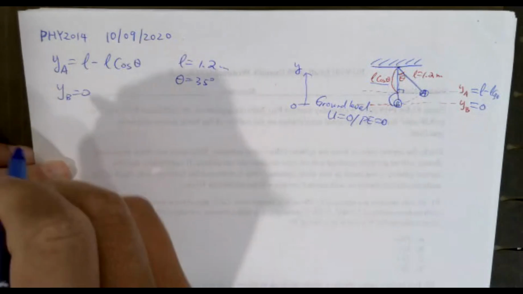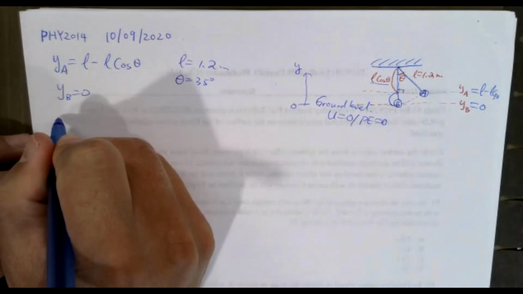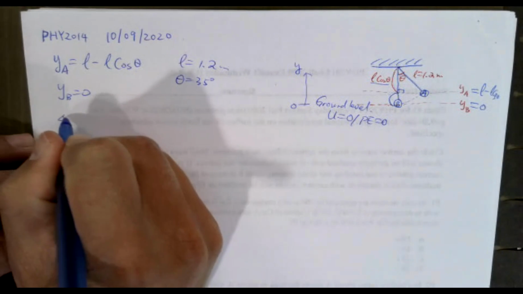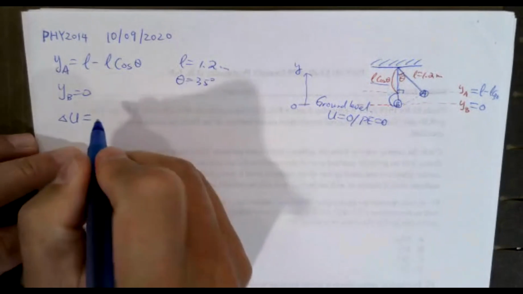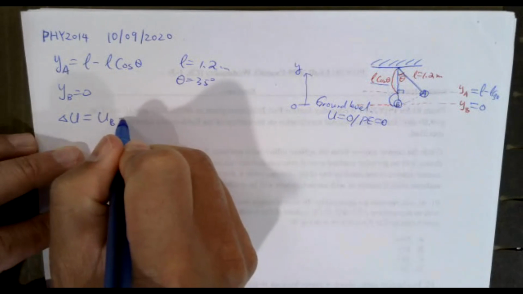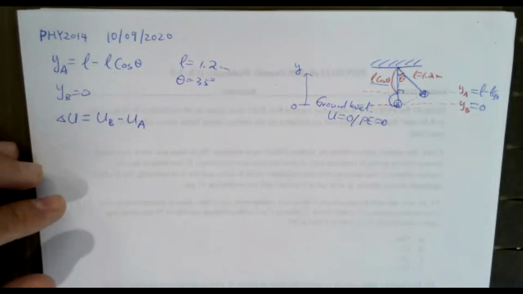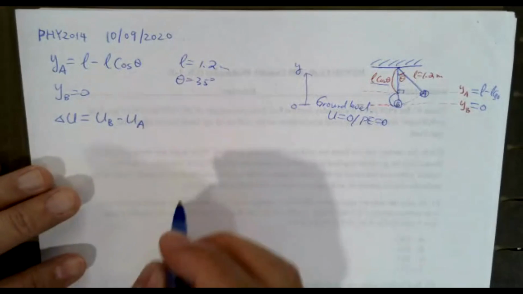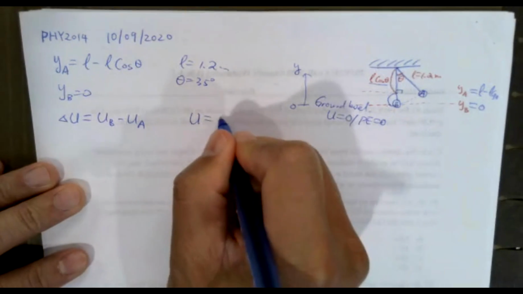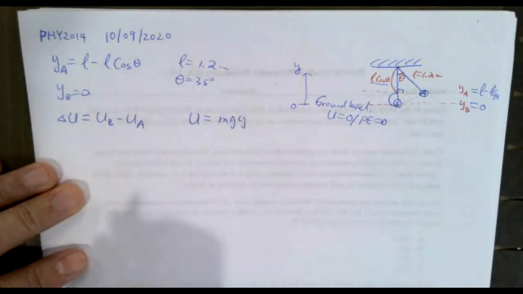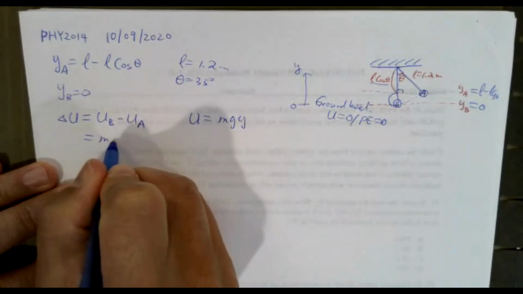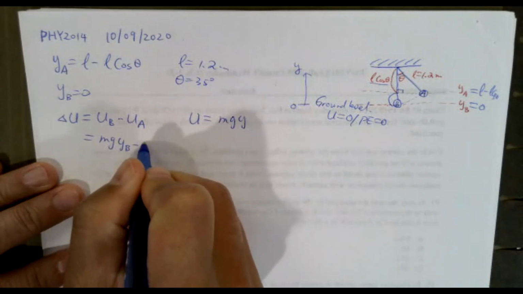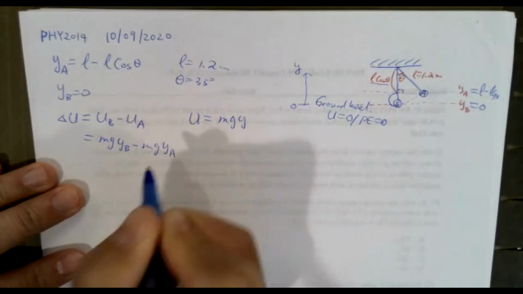Now you're looking for your potential energy change, either delta U or delta PE. Let me just use delta U here. That means final minus initial. Final is at B, initial is at A, and potential energy should be equal to mgy. So this would be mg YB minus mg YA.